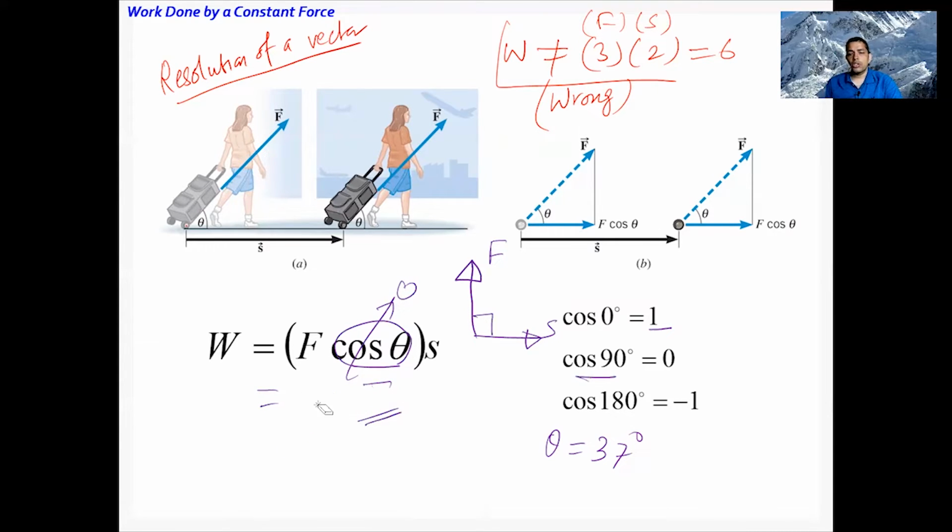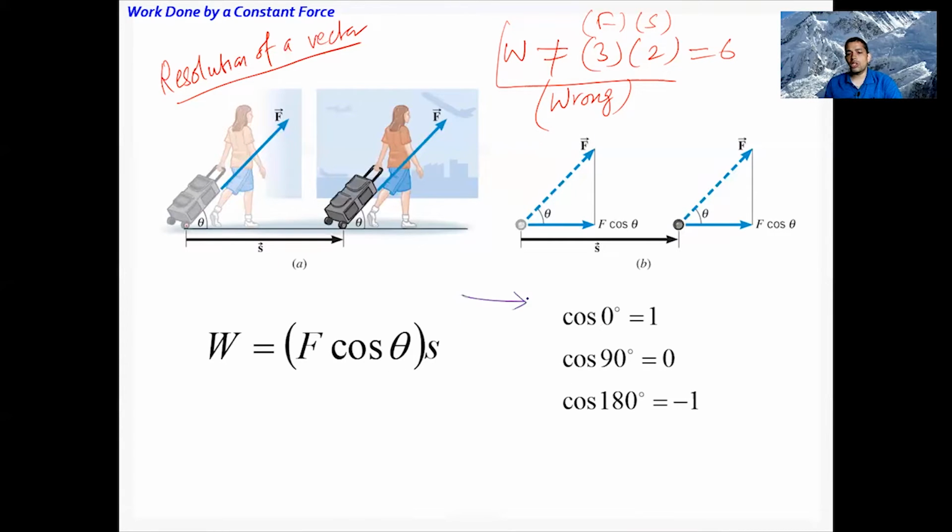In the same way, if your angle is 180 degrees, meaning your displacement is this way and your force is this way, then cosine 180 is -1 and you get minus Fs.